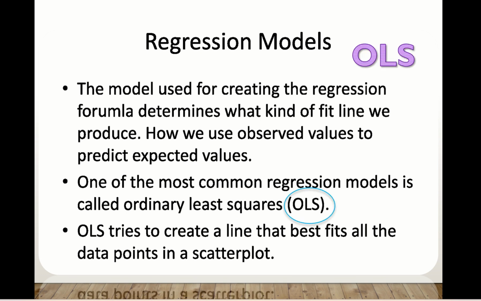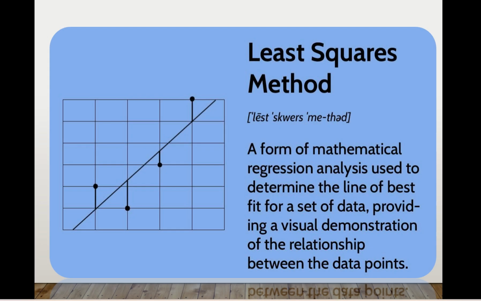So how we draw the regression model or the line through our data is determined by what's known as the ordinary least squares model. That's how the line is drawn through our data points to give us our mathematical relationship between our independent and our dependent variables. Right? So basically the least squares method, OLS, attempts to minimize the amount of variation from each point to the straight regression line that's drawn through them.